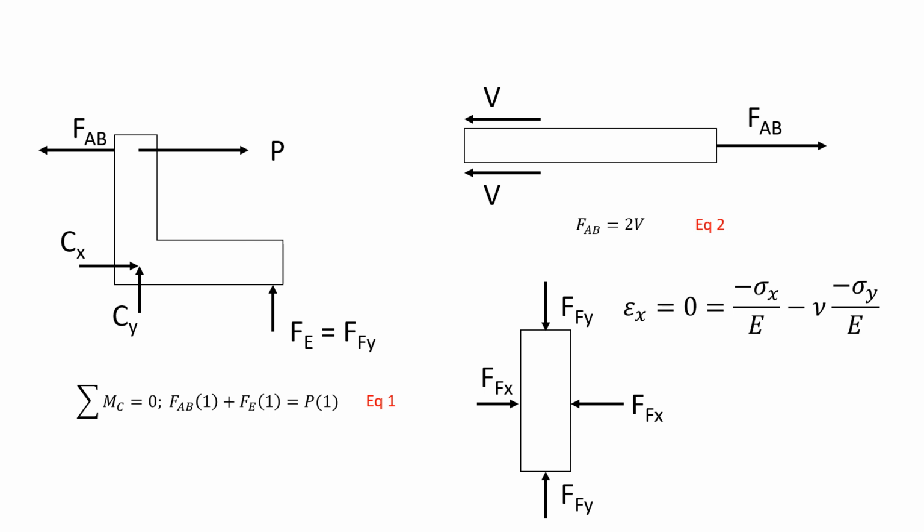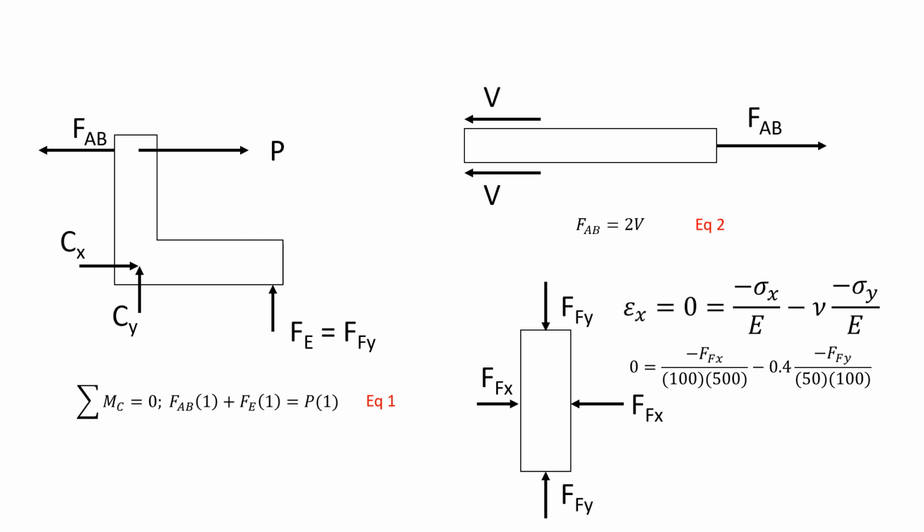So here, you have your strain along x equal to 0. So again, I use the convention that if the forces are compressive, I place negative on the values. So this is our equation of strain along x.